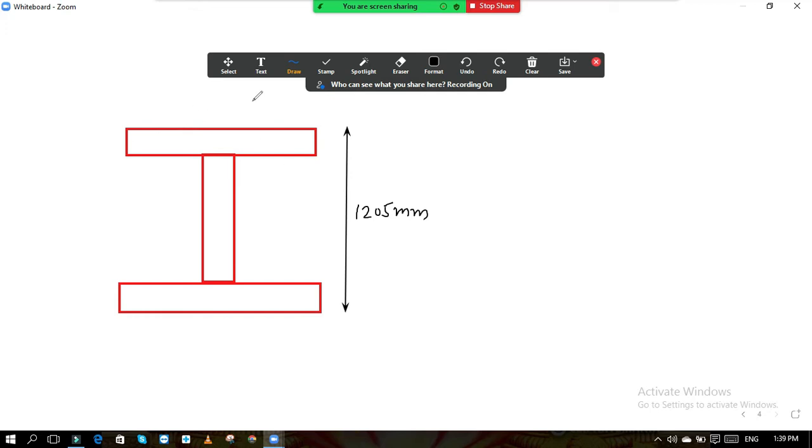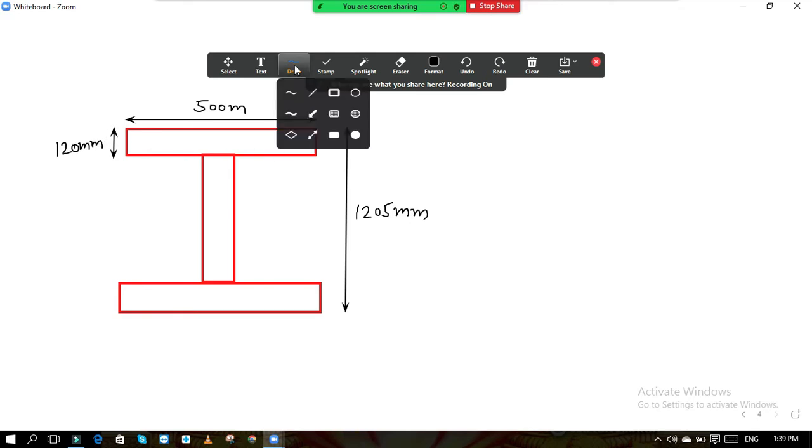Then the width of this I section which we have assumed is 500 mm. Then this thickness we have assumed as 120 mm. Then the thickness of web is also assumed 120 mm. So these are our I section's dimensions what we have assumed.